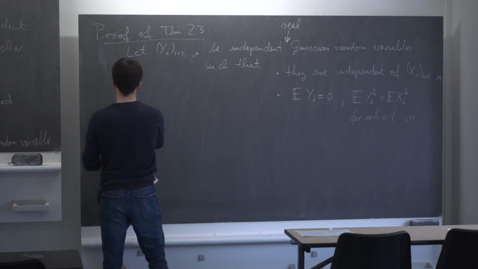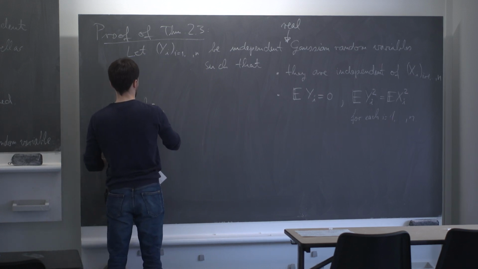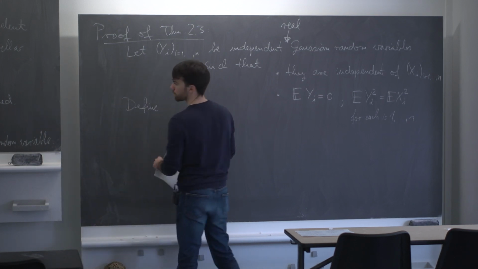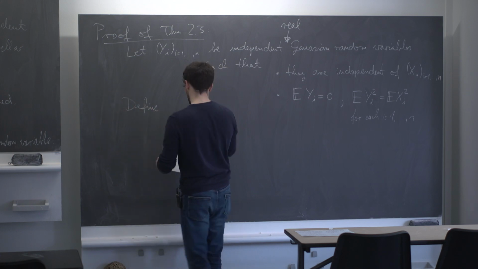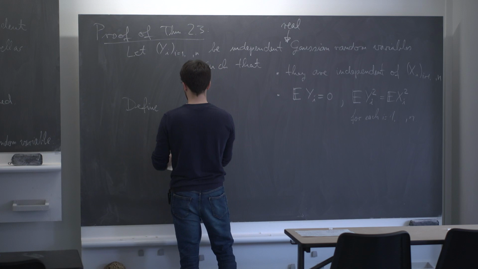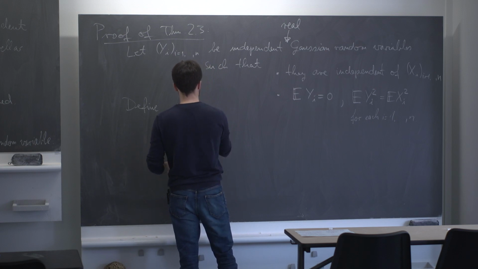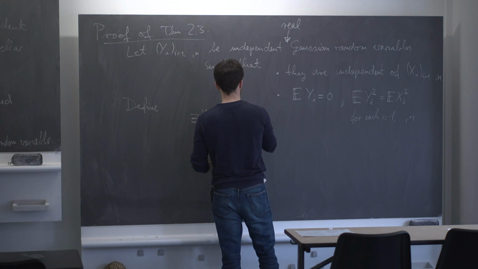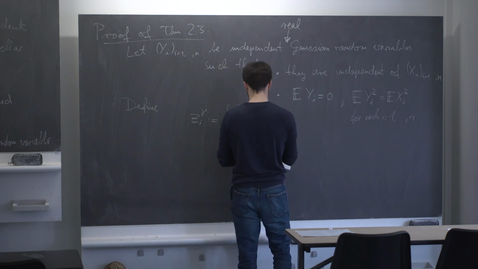And then we define z's where the x's will be successively replaced by y's. So we define zi of gamma as follows. We have two cases. In the first case it's xi, in the second case it's yi, and the gamma will define when.